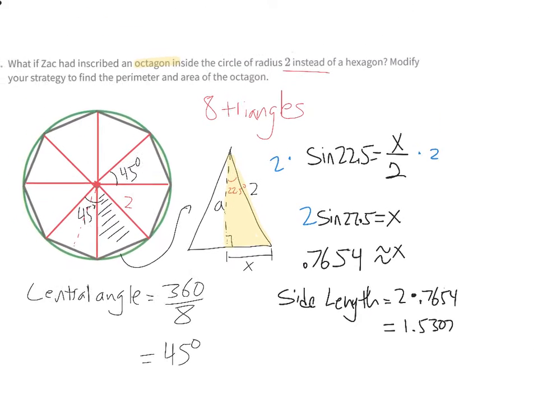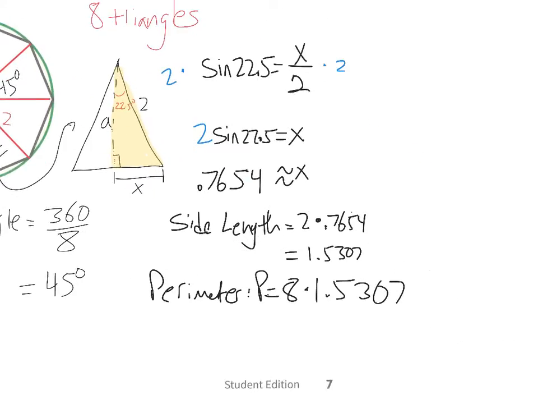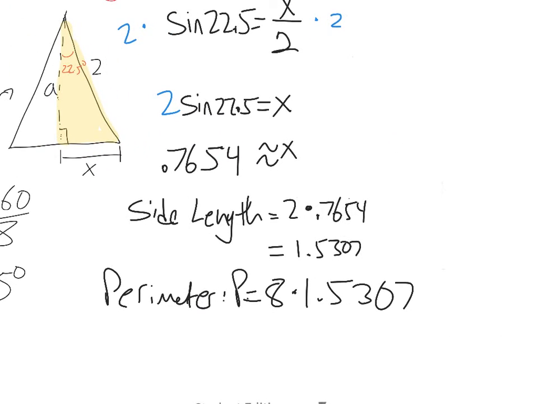And that's enough. We can find the perimeter from that. Since it's an octagon, the perimeter is just going to be 8 times the side. So P equals 8 times 1.5307. And there we go. That's going to give us a total of 12.24.